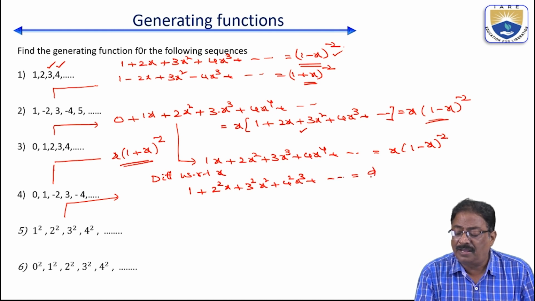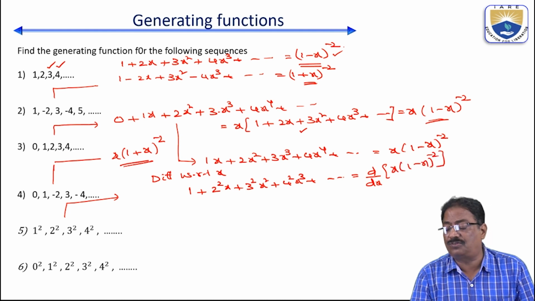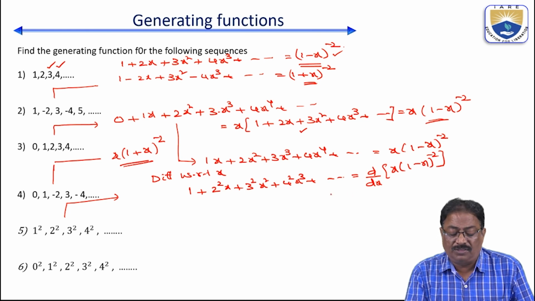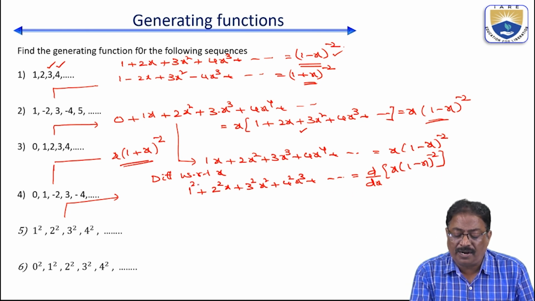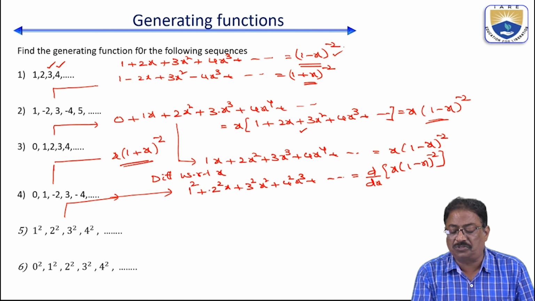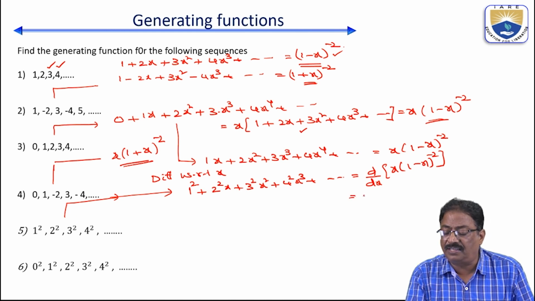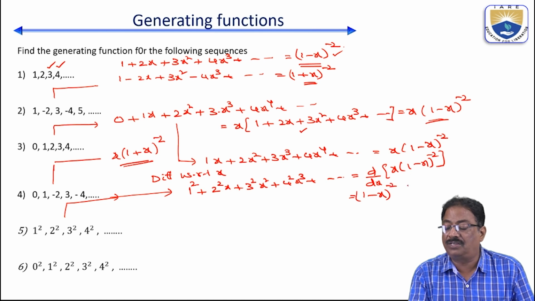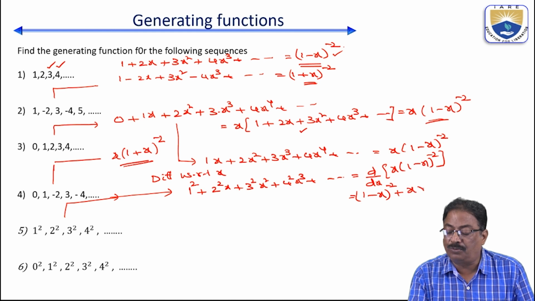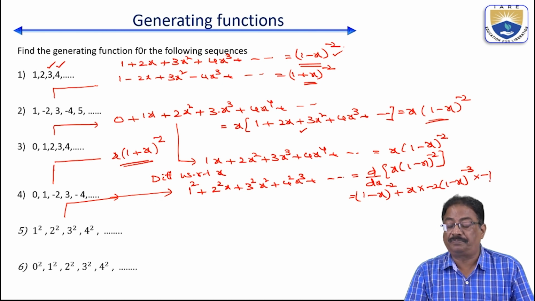This is nothing but d by dx of x into 1 minus x whole to the power of minus 2. Differentiating, the result is 1 minus x whole to the power of minus 2 plus x into minus 2 into 1 minus x whole to the power of minus 3 into minus 1.